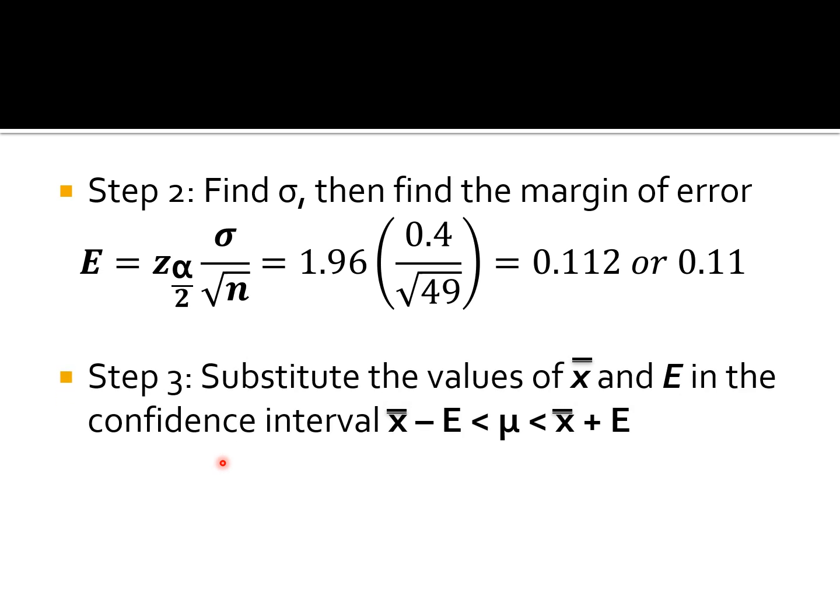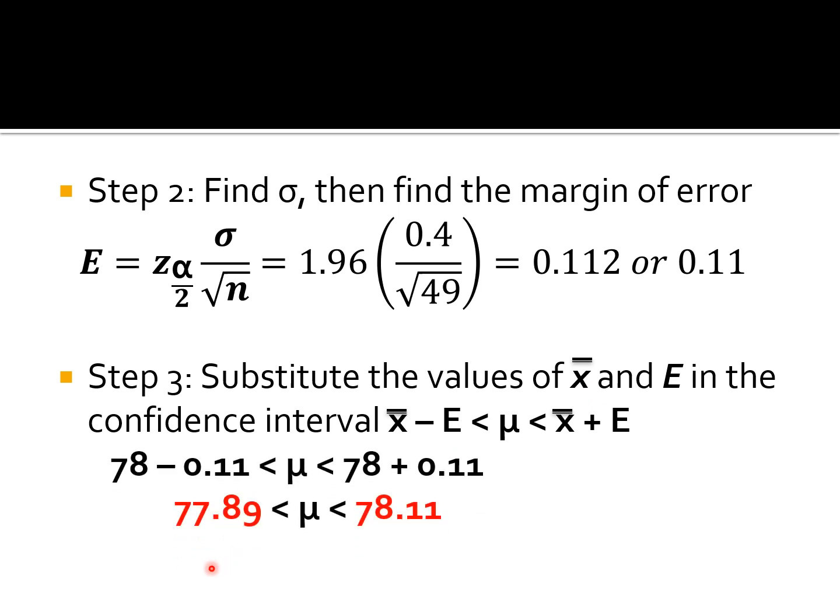For the confidence interval, substitute the values of the sample mean and margin of error. Our sample mean earlier is 78, minus 0.11 in this part, and in this part we add the sample mean and the margin of error. Then we get 77.89.